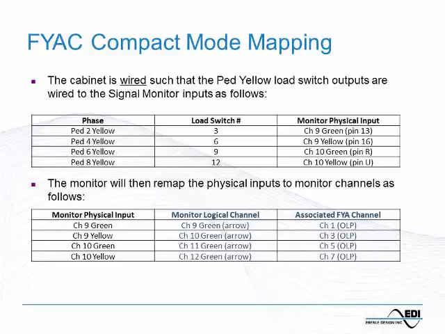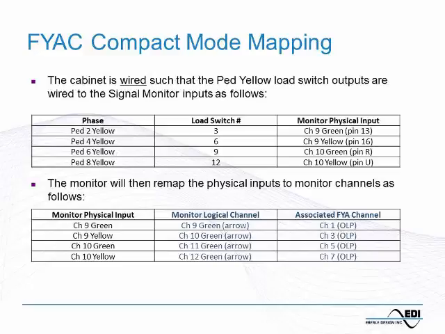So instead of requiring 4 additional load switches, which we have no room to plug in, we're going to use the 12 that we have and retask those PED yellow outputs to be our protected greens. So to do that, we have to remap them in the monitor to channels 9 through 12.